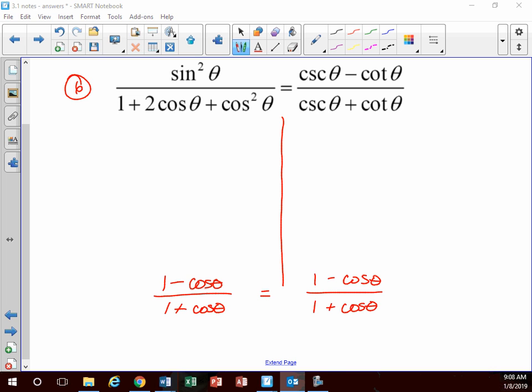So this side. Did you break some laws here? So I would rewrite it here.